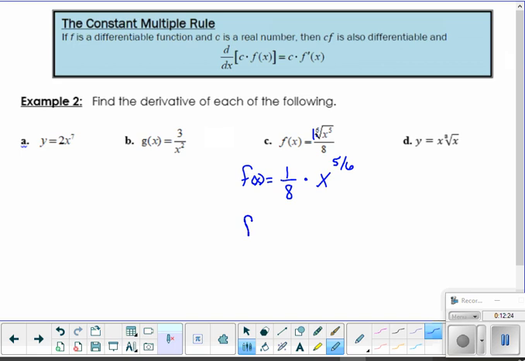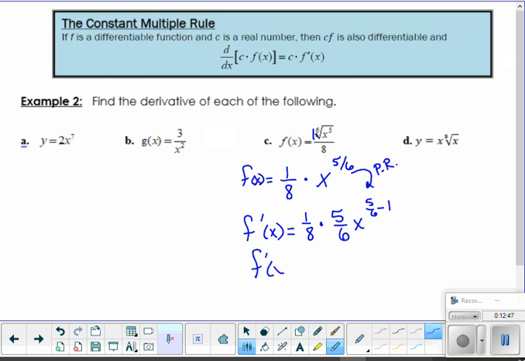Now, derivative time, notice the prime symbol. I'd have 1/8 still forward. I'm going to bring down 5/6, right, because that's the power coming down. x to the 5/6 minus 1. Power rule happening here.